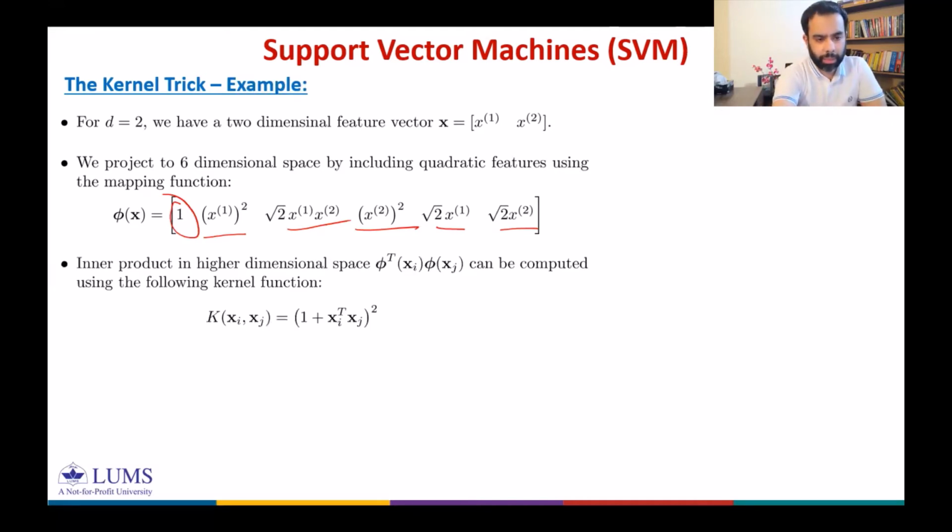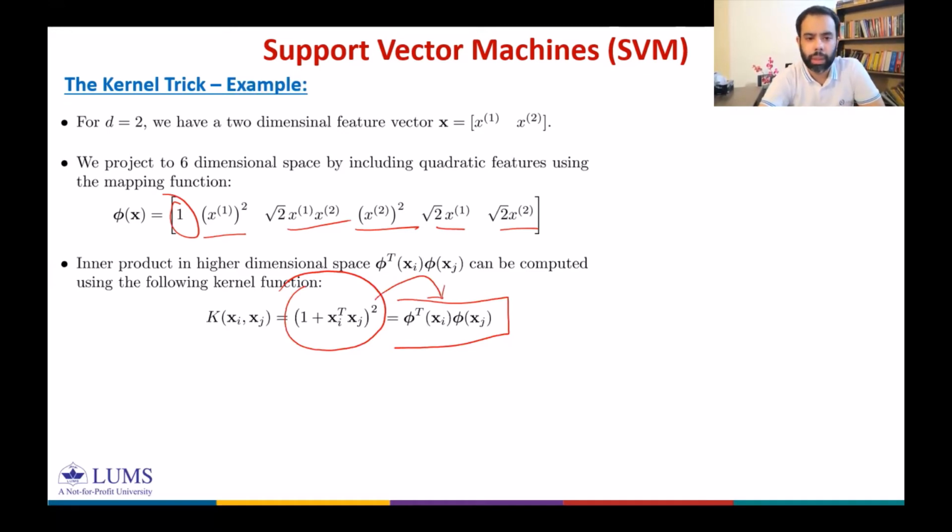If we define, for some points xi and xj, (1 plus xi transpose xj) whole square, you can show that this is in fact equivalent to this. Maybe you stop here and quickly compute this inner product, and you can easily show that this is equivalent to this.